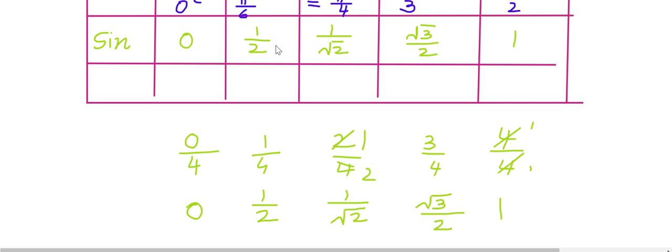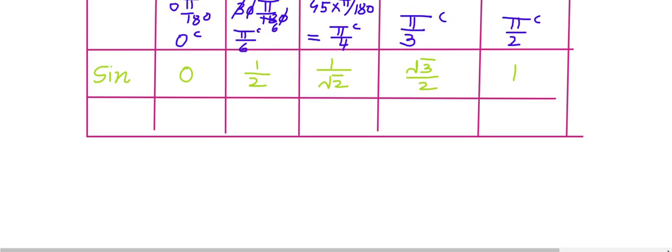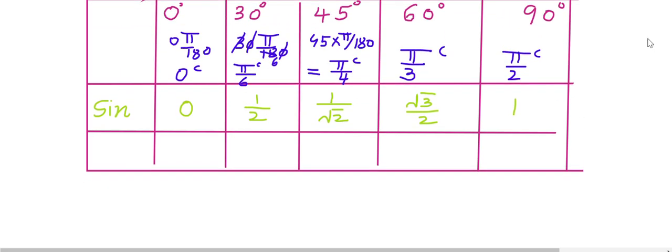So sine for 0, 30 degree, 45, 60 and 90 is this. Now once you know the sine value, it's easy to remember the cos value. The cos value will be just the reverse.